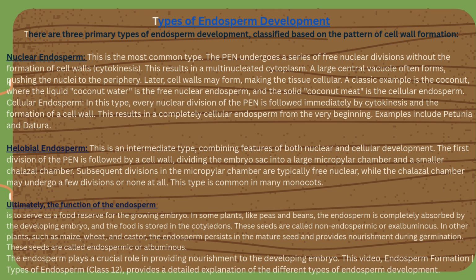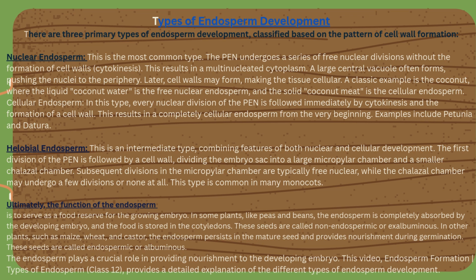Now, the next one is the function of the endosperm. Ultimately, it is to serve as a food reserve for the growing embryo. In some plants like peas and beans, the endosperm is completely absorbed by the developing embryo and the food is stored in the cotyledons.